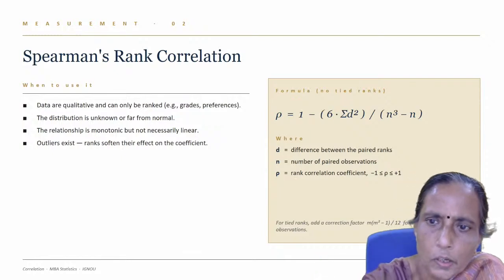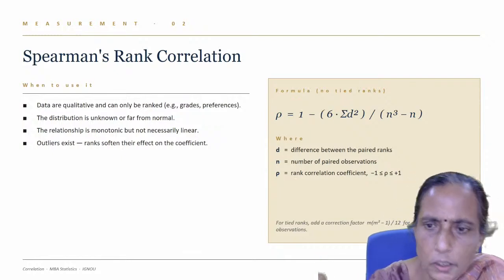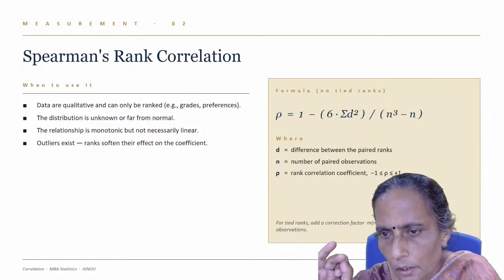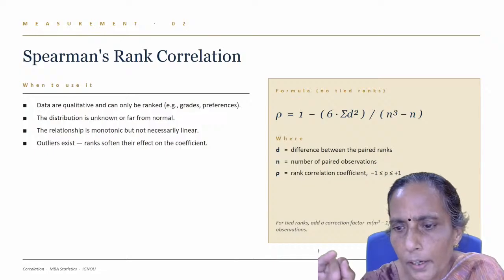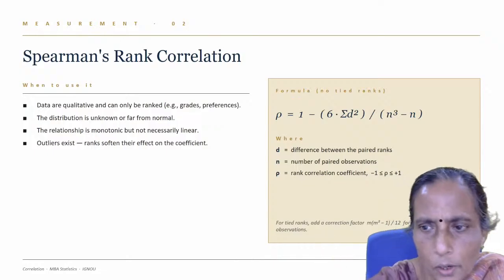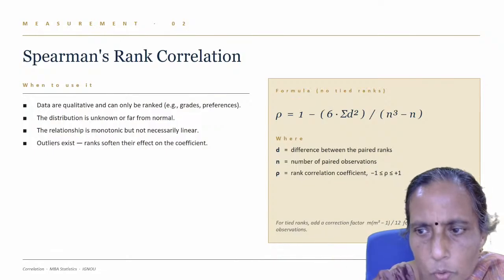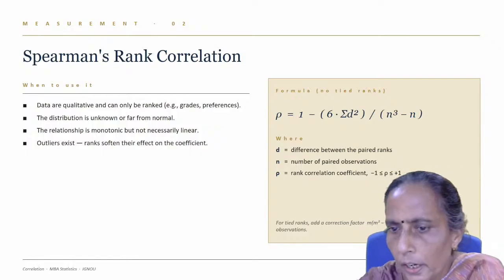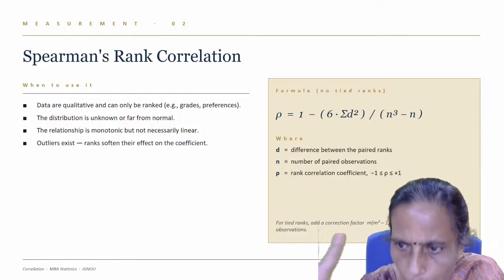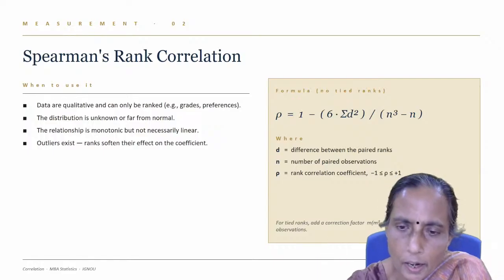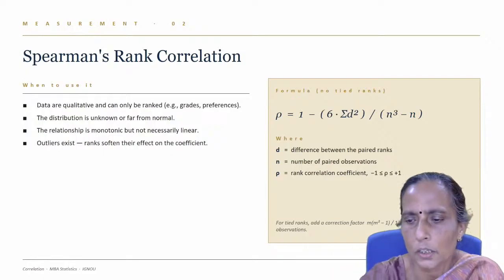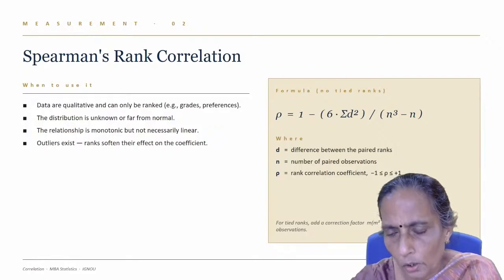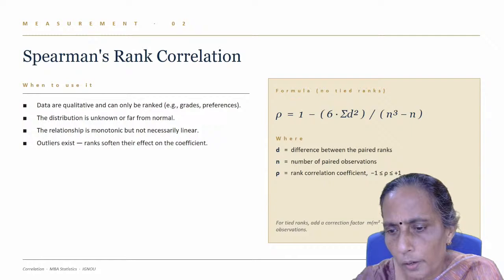The formula is rho equals 1 minus 6 sum of d square divided by n cube minus n, or you can write it as n into (n square minus 1), where d is the difference between the paired ranks, n is the number of paired observations, and rho is the rank correlation coefficient, bounded between -1 and +1.